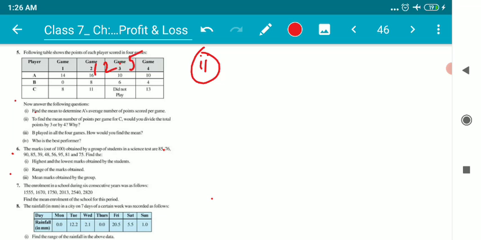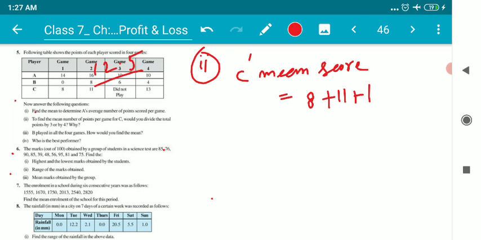Let us write it somewhere, otherwise we'll forget. To find the mean number of points of C per game, would you divide the total points by 3 or by 4? Let us find C's average score, C's mean score. C's mean score is 8 plus 11 plus 13 by 3. Now the question comes, why are we dividing by 3? Why not divide by 4? Because in one match he did not play, he did not participate.